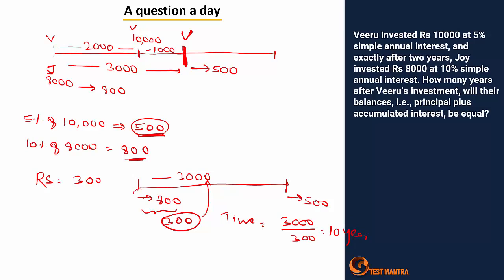So 10 years from which point? From this point, right? And the question is, how many years after Viru's investment will their balances be equal? So Joy's investment was 10 years here. So Viru's investment was supposed to be nothing but 10 plus 2, or else 12 years. My value is supposed to be 12 years.